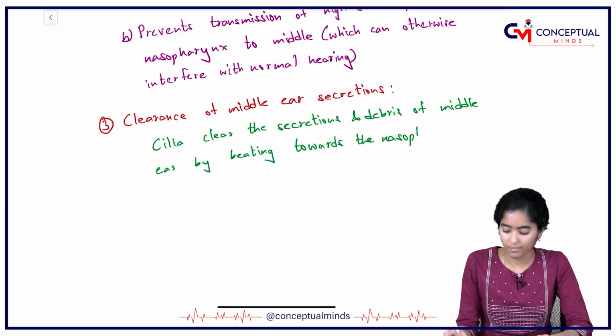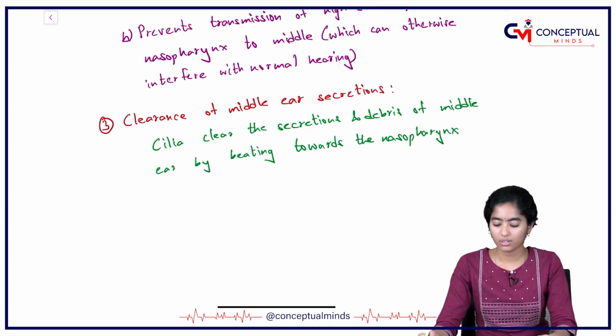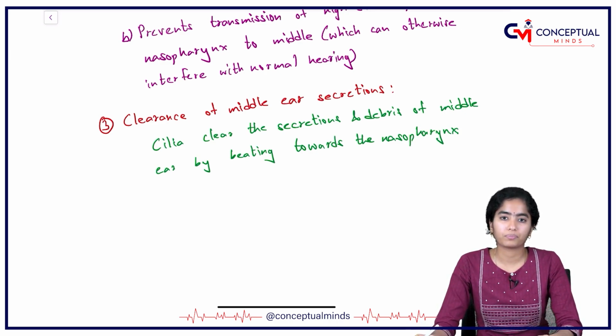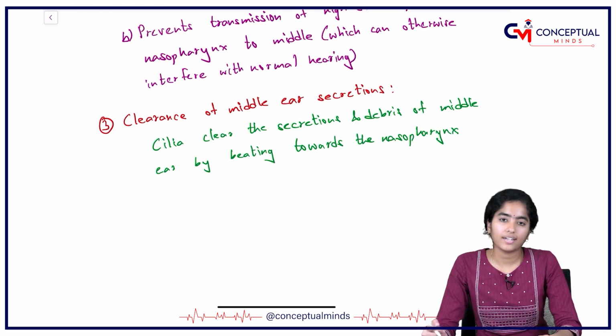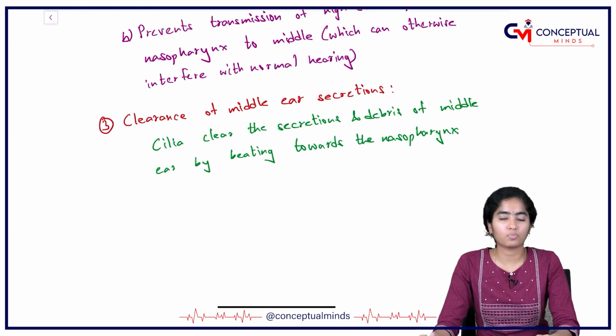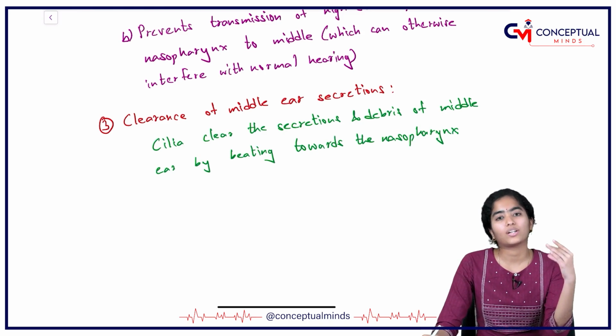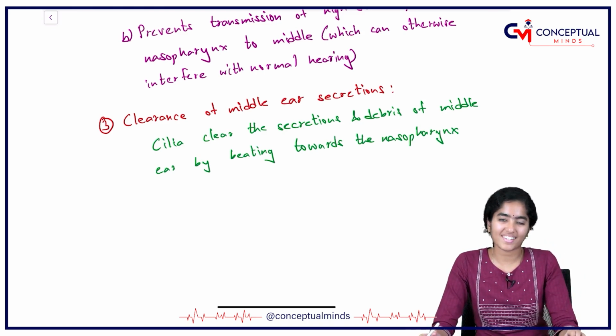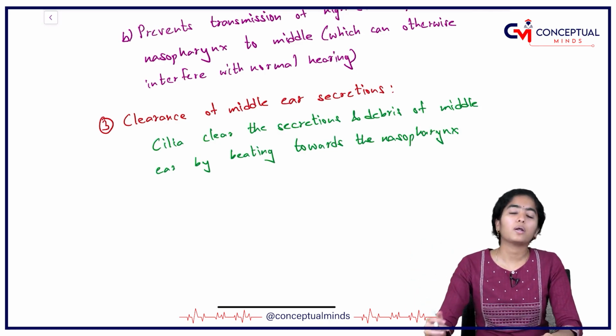This is a very important function of Eustachian tube. And this clearance of secretion is enhanced by active opening and closing of the tube. Whenever the tube opens and closes actively, the secretions are propelled.